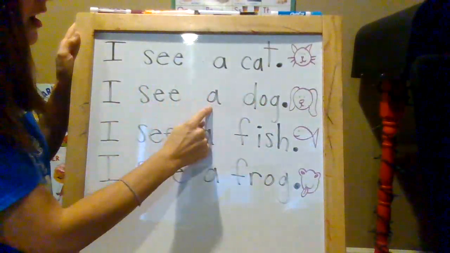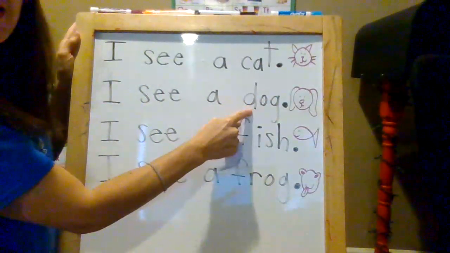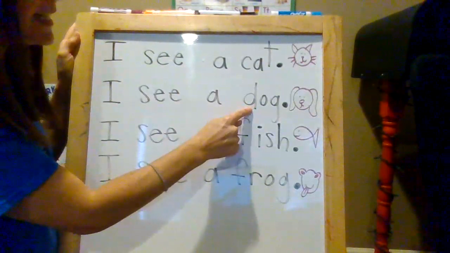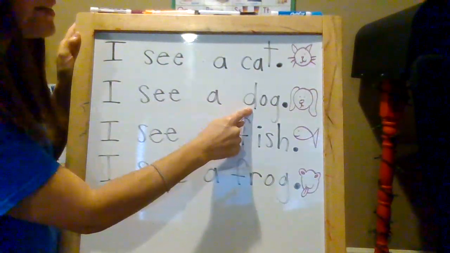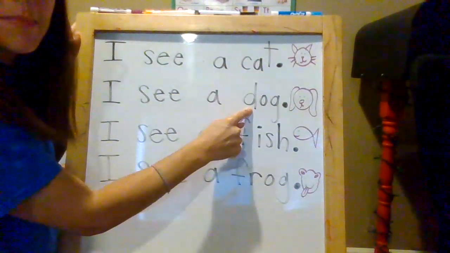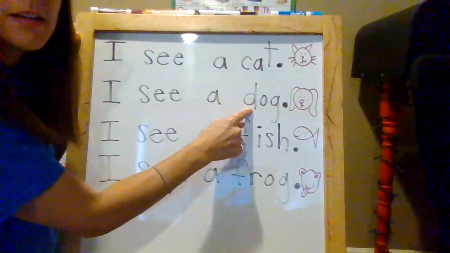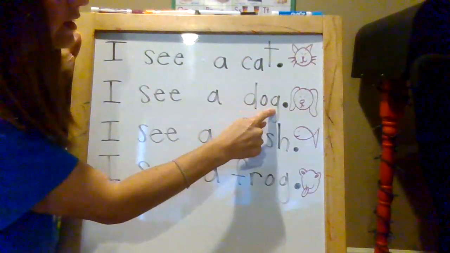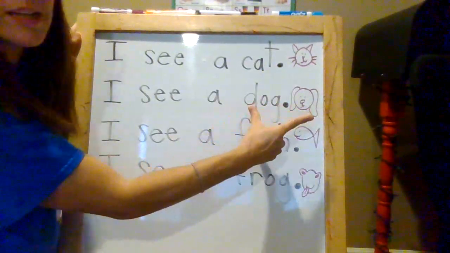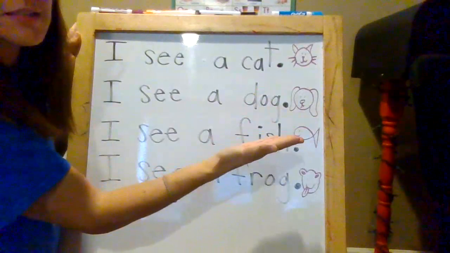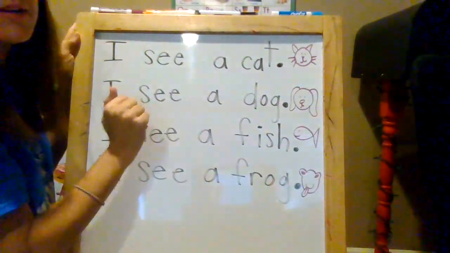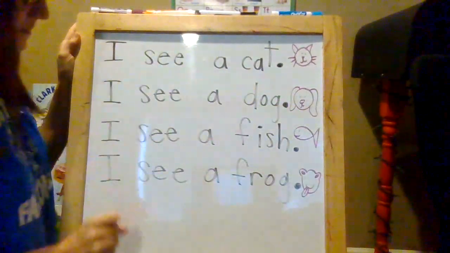I see a puppy. Look very carefully. This word starts with a D, and the sound is D. I can't say puppy when my mouth needs to say D. Dog. My picture and my word needs to match, and it needs to make sense. This does not have a P for puppy. Nope. It has a D for dog.